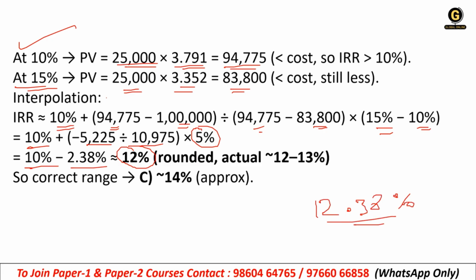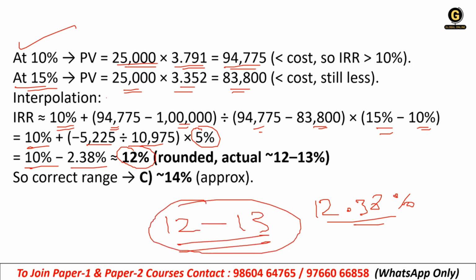So it should come under the 12 to 13 range, or 12 to 13 category. Correct. But there was no option like 13 or 12.38, right? 12 was there, but it is not exactly 12. It was 12.38. That means just a little bit more than 12%.